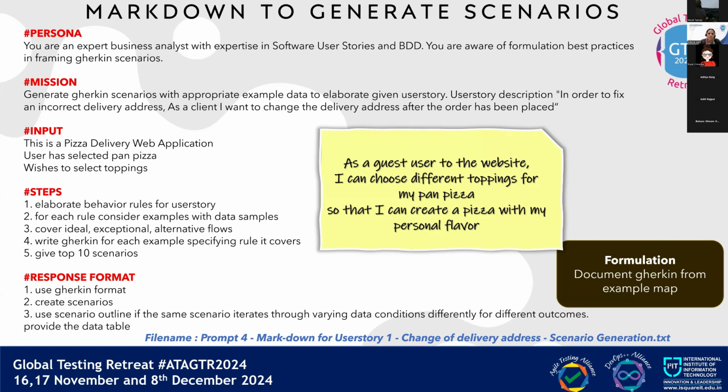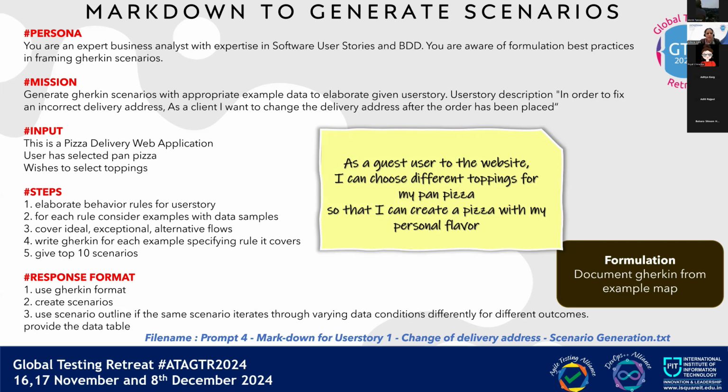That's what I've explained in the steps: elaborate the behavior rules for the story first, then go to each rule to find examples and data samples, cover the exceptional flows, and then write the Gherkin. If you give a prompt which directly says give me scenarios with given-when-then syntax, it will not do justice to the behavioral aspect of the story. That's the reason this markdown format comes in very handy.